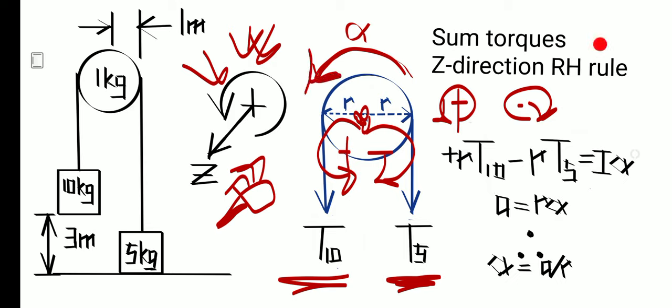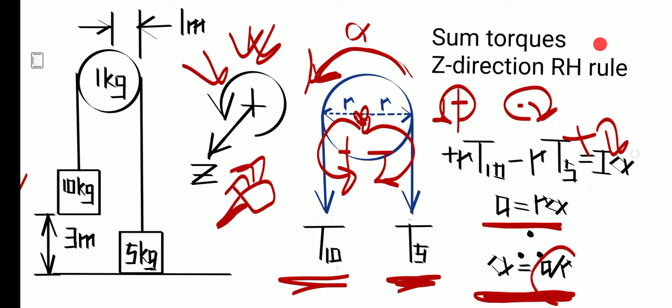That's positive, you see it's going counterclockwise. Everything counterclockwise is positive, so we have a positive. I should have written plus right here so it would be more clear, but plus I times alpha. And there you have your equation. Then we have this auxiliary equation so we can relate the angular acceleration to your linear or tangential acceleration. So we're going to plug in A over R where we see the alpha. Okay, now let's collect terms and solve.